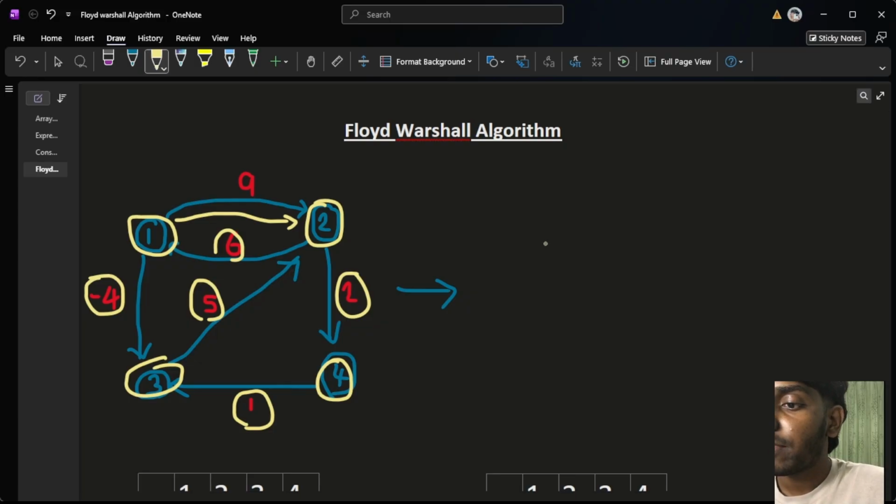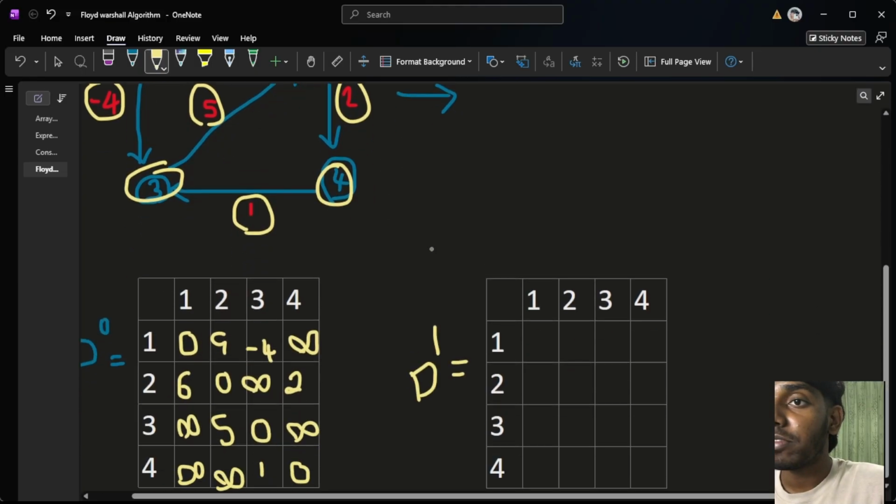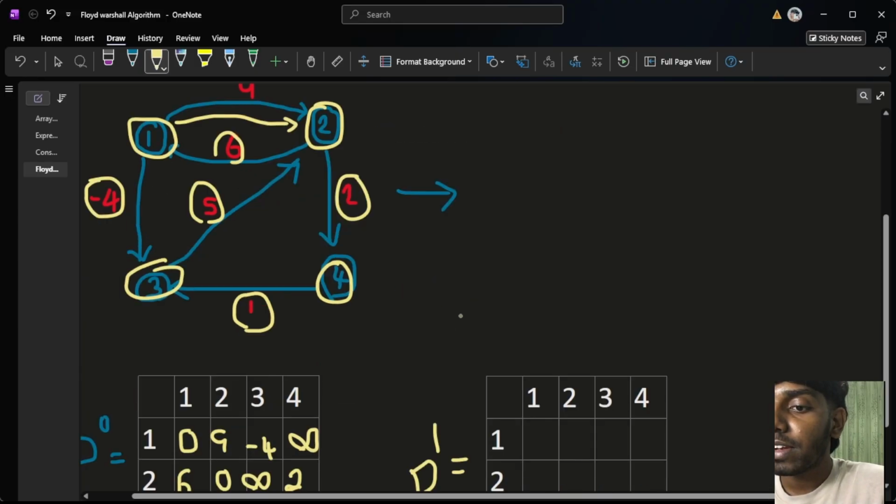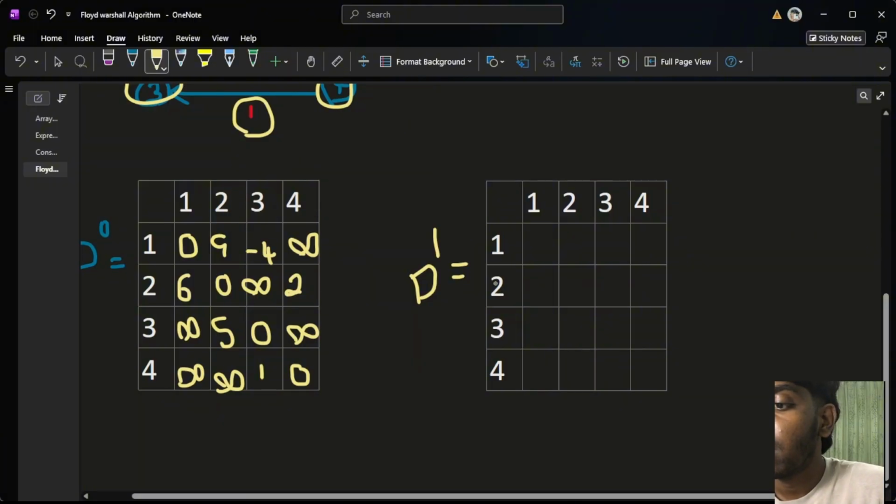For that we have to consider the element 1 as the middle vertex. So we are going to find out the shortest path between each pair via 1, because we are finding the D1. Therefore, we have to consider 1 as our middle vertex.